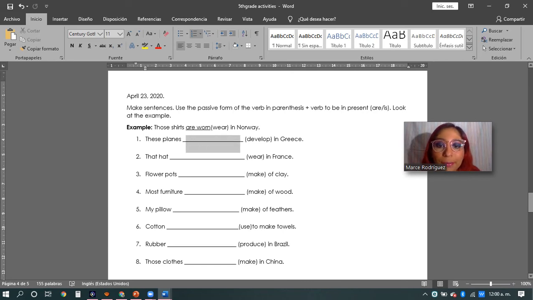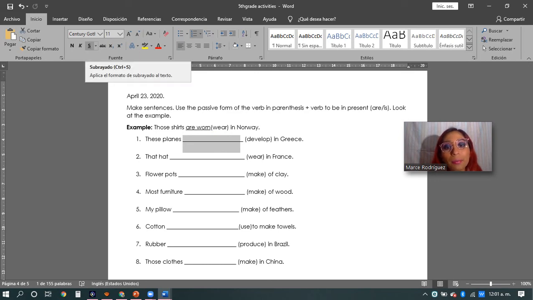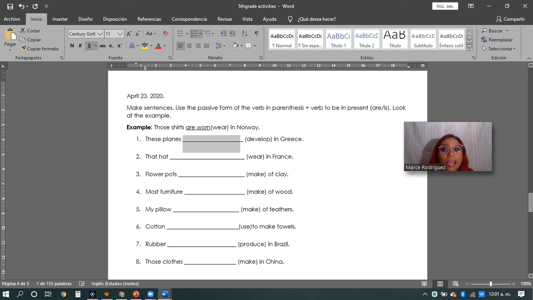These planes, we have develop. Develop is a regular verb. Okay, if we have planes that is plural, we are going to use is or are. Are.